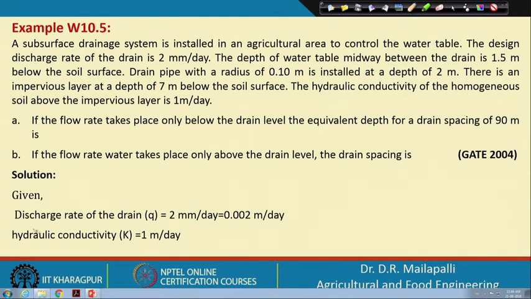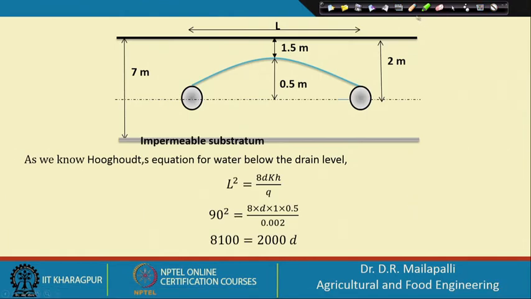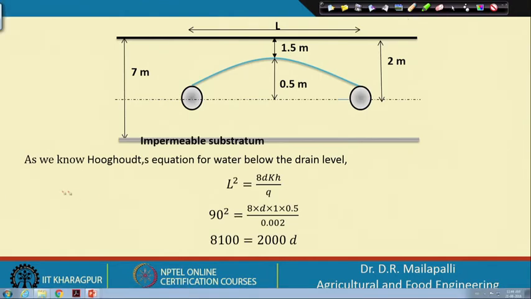The values given: the discharge rate of the drain small q is 2 mm per day, hydraulic conductivity is 1 meter per day, and we are going to list out the other known parameters. The impervious layer is 7 meter below, 2 meter is the drain base depth, and we are expecting the water table to be at 1.5 meter below the ground.